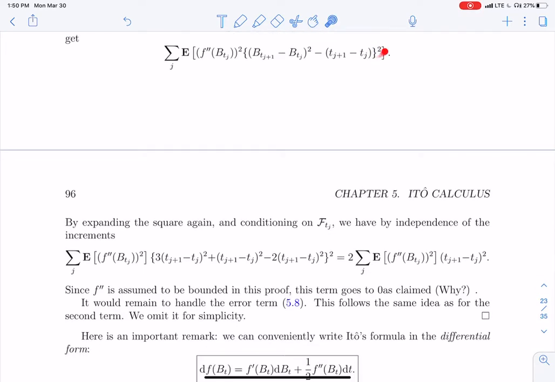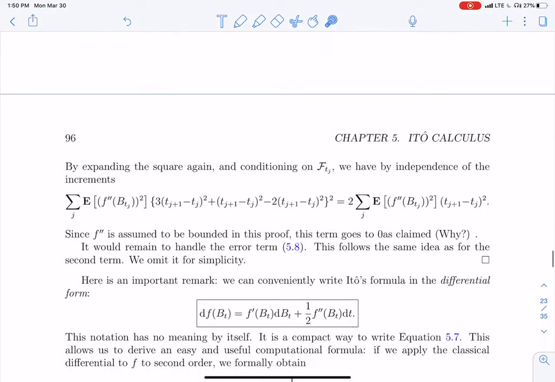So you actually expand the square, all right? And now you're going to pick up the fourth moment of this guy, and then the mixed term, and this guy squared. So you're going to get something exactly like this. This is the fourth moment, right?